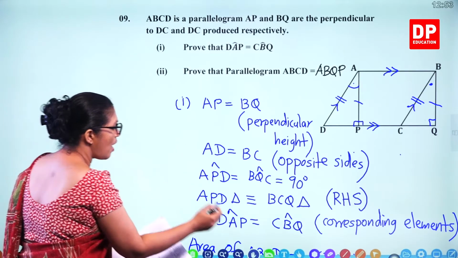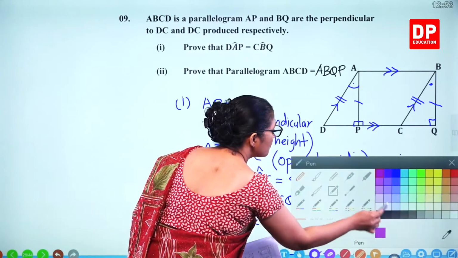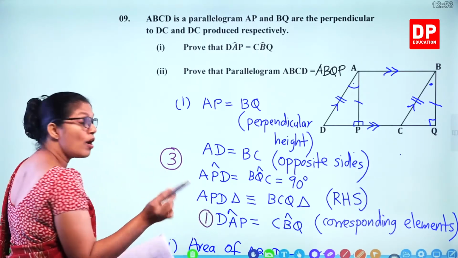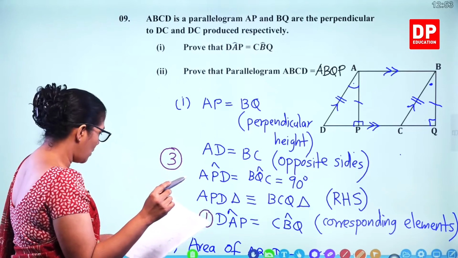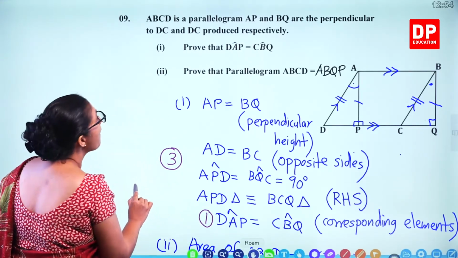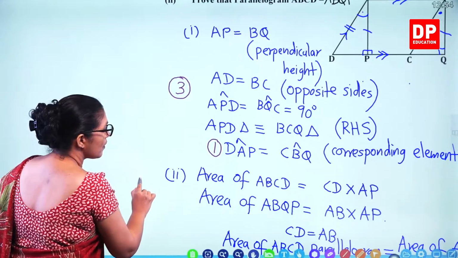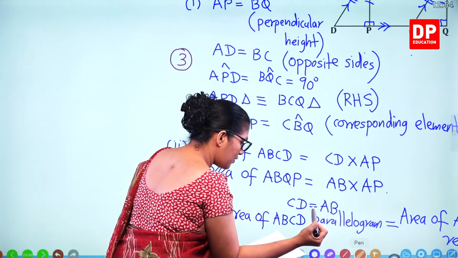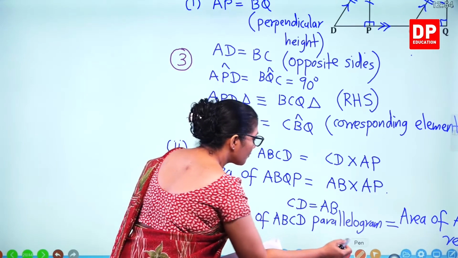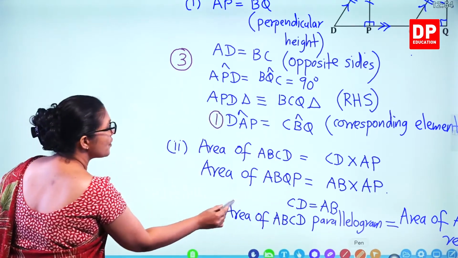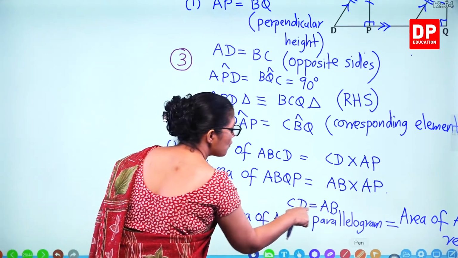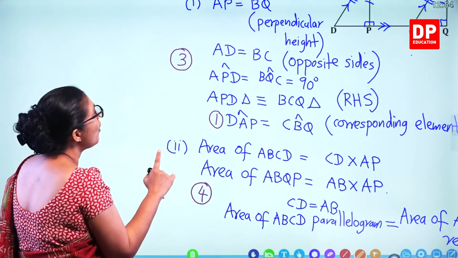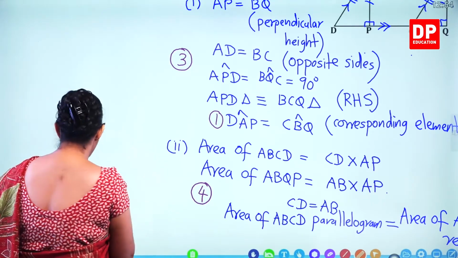That means 3 marks for showing these two are congruent and 1 mark for showing that these angles are equal. And the second part, you get another 3 marks. We'll give 4 marks because we have to show that these two lengths are equal. So 4 and 4, 8 marks already given.